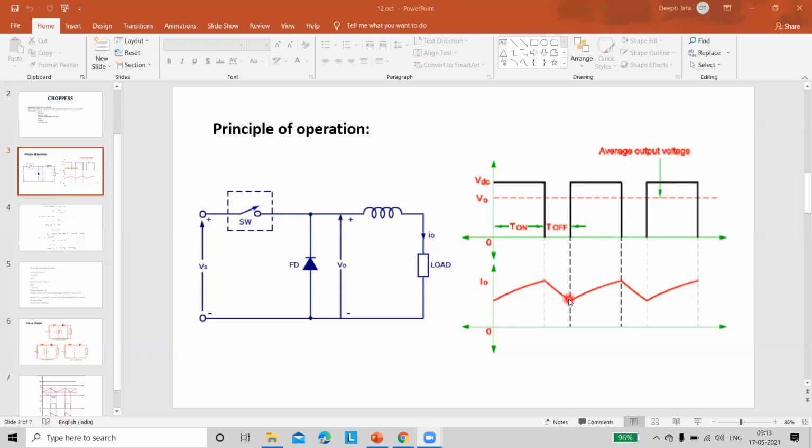Listen, the basic chopper is also known as the step down chopper. So this is the basic operation of a step down chopper, and if you observe the corresponding derivations for this, it is the output voltage.